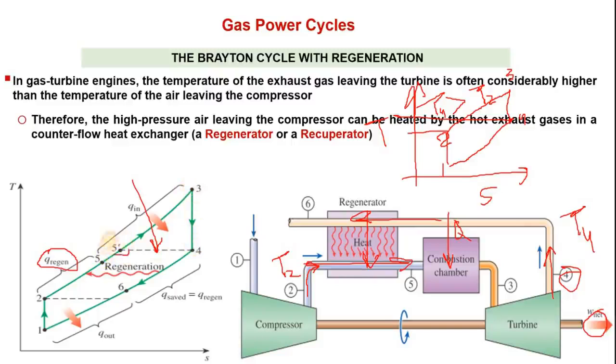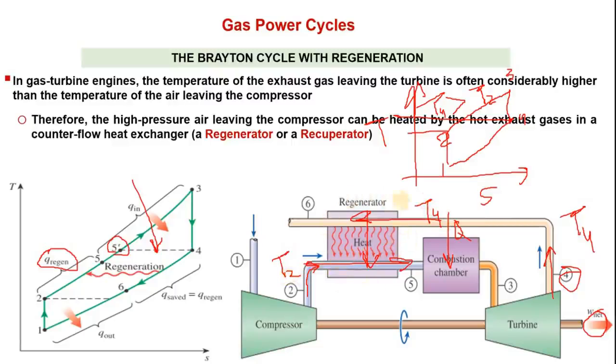Here you see a 5 dash. 5 dash represents the maximum temperature of point 5, because here one fluid is entering at a temperature of T4 and the other fluid is entering at a temperature of T2.